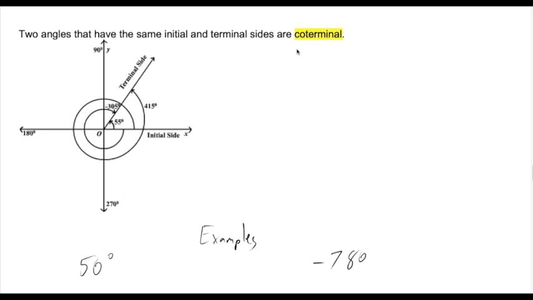So if we are trying to find coterminal angles, all we need to do is add or subtract 360 degrees, or add and subtract 2 pi, since both of these represent full circles.